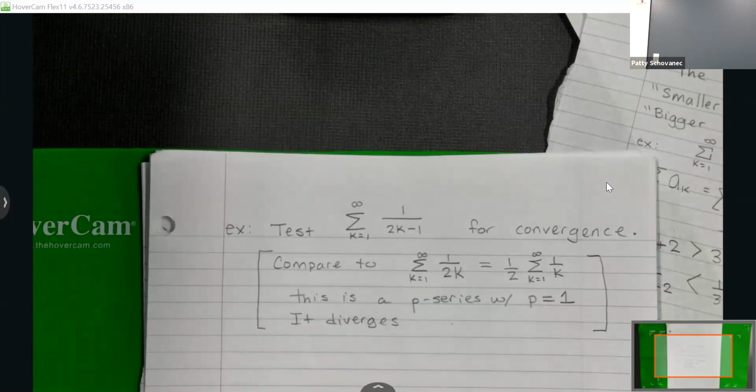So let's compare sizes. Just look at the denominator. 2k minus 1 is going to be a smaller number than 2 times k. It's 1 fewer. So now flip both sides. 1 over 2k minus 1 flips the inequality.